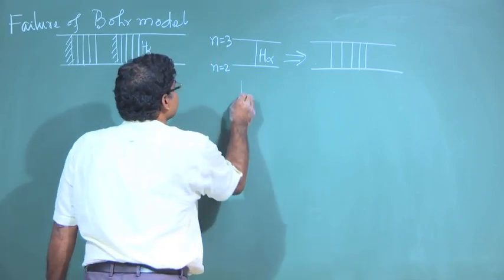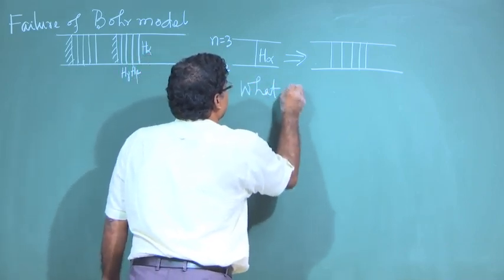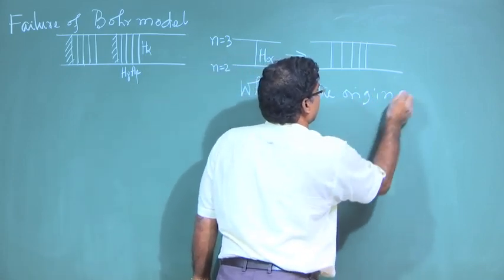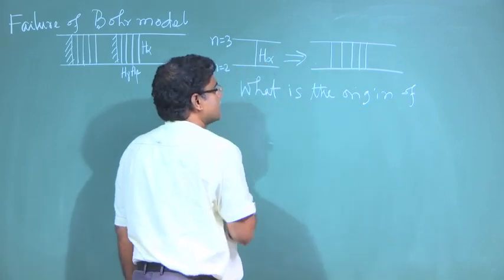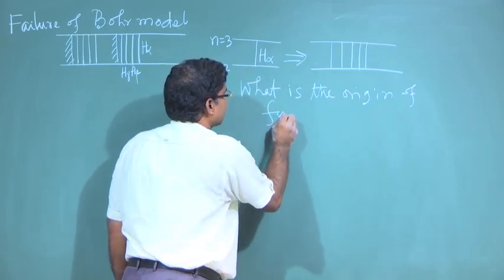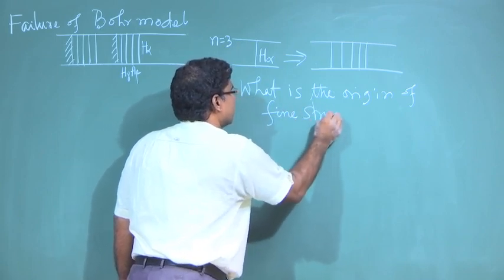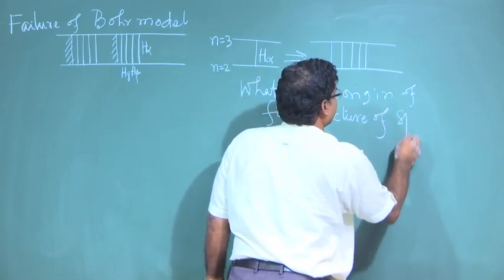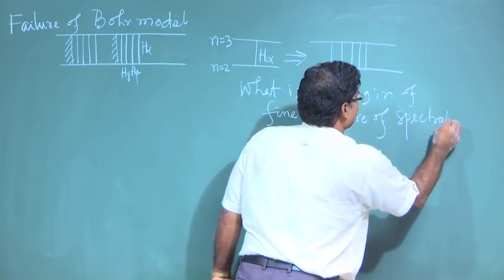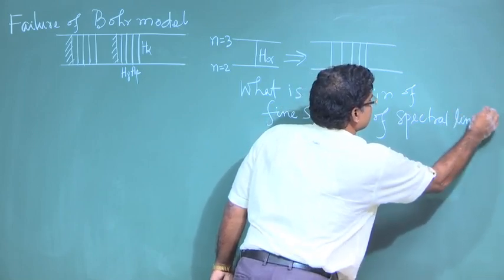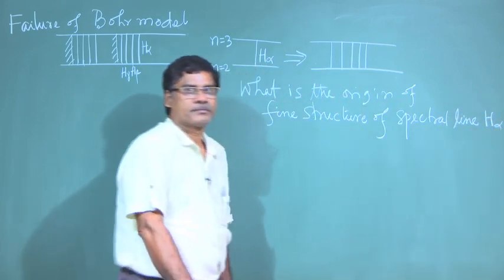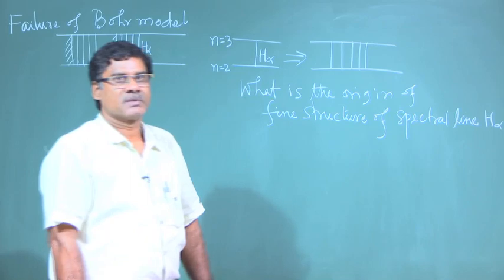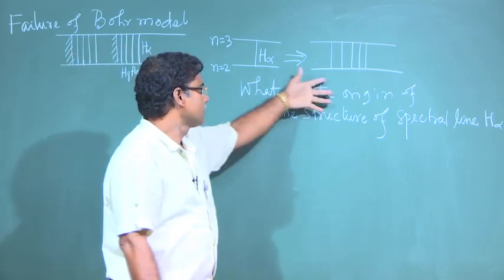So, what is the origin of the fine structure of spectral lines, H alpha? The Bohr model cannot answer this question.